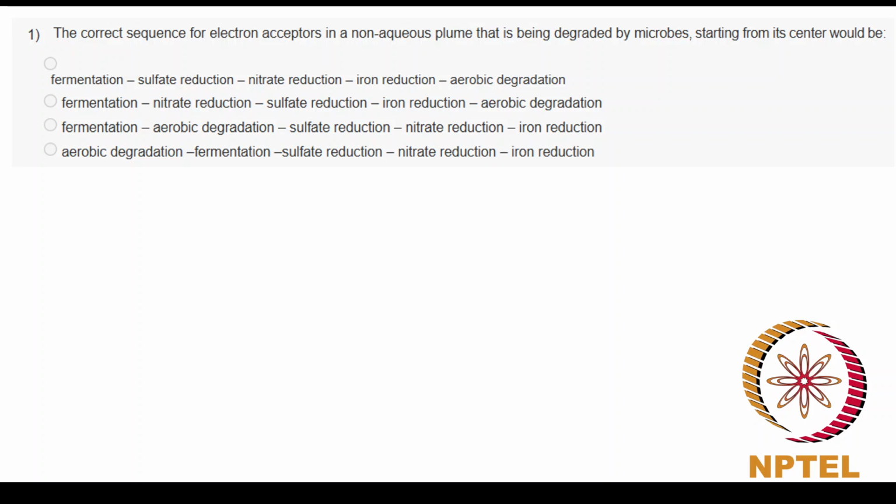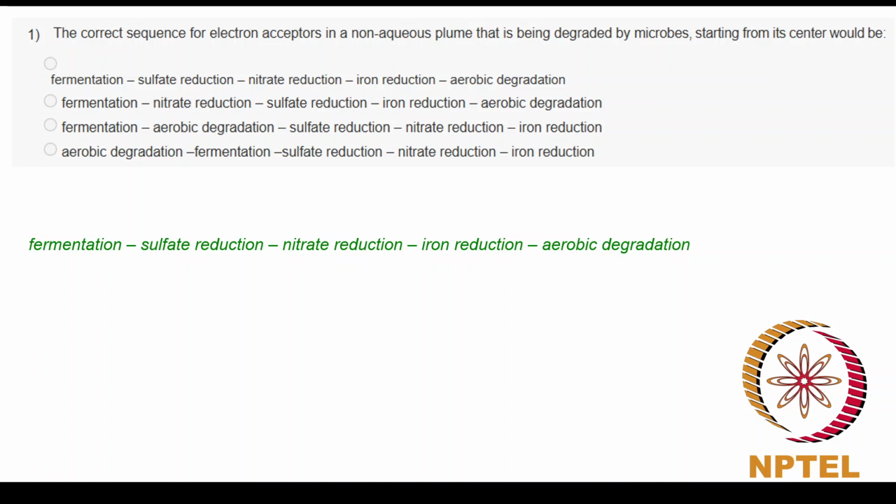Okay, so the correct answer for this question is fermentation, sulfate reduction, nitrate reduction, iron reduction, and aerobic degradation. So as we are starting from the middle, then we are going out. So in the stage of fermentation, there is no oxygen. Then second comes sulfate reduction, so sulfate is the electron acceptor.